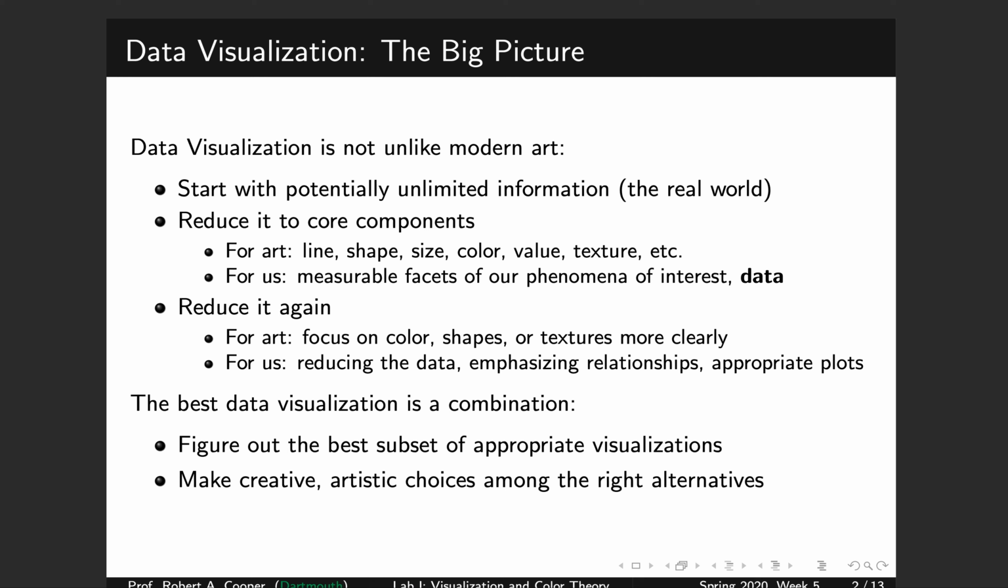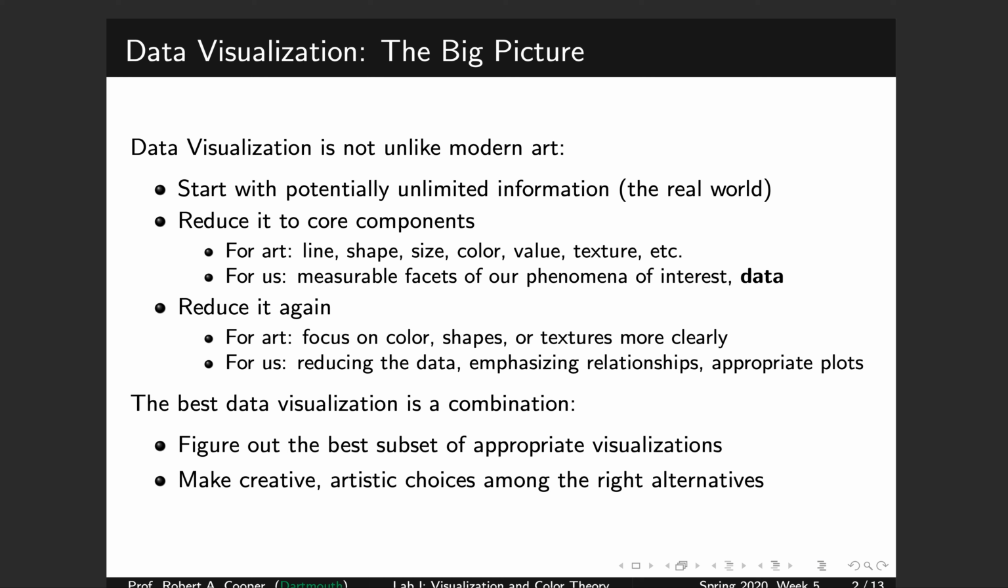We reduce it to the appropriate, in our case, aesthetics, but then we also reduce it into color, shape, maybe even texture if we're doing it very well. We're emphasizing relationships and appropriate plots. The best visualization is both scientific and artistic.